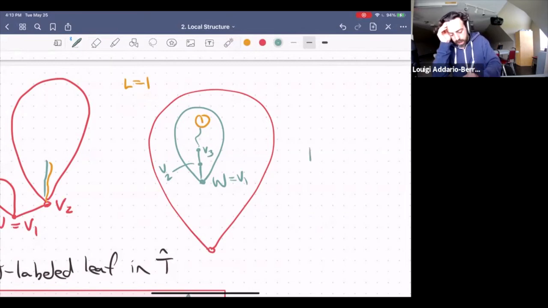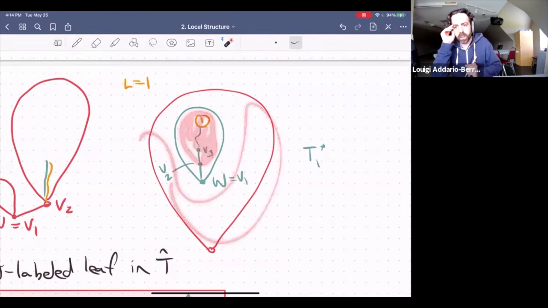When we reroute at W and take the subtree T1 star, it will consist of all descendants of W in the rerouted tree that are not descendants of V2. So the tree we remove will be this subtree here. This is the part that gets thrown away, and T1 star will be all this part outside.